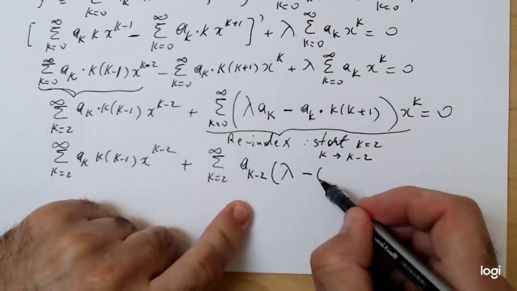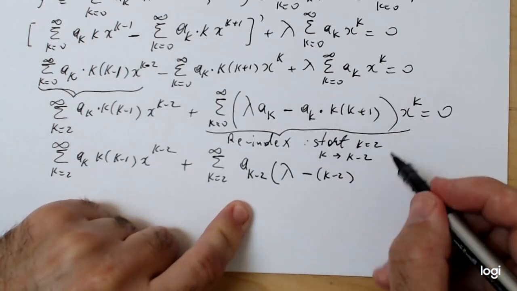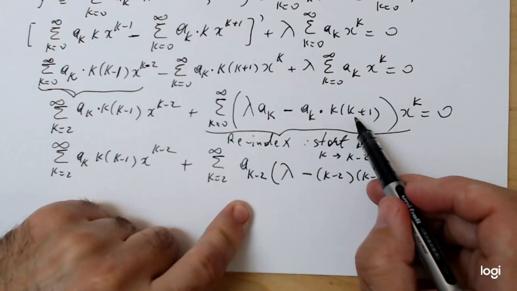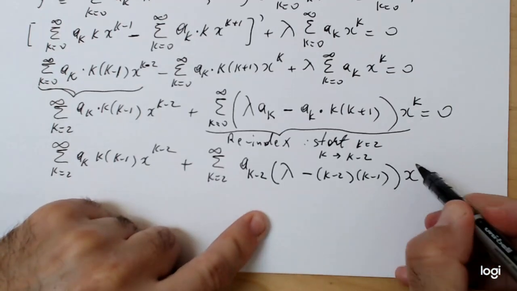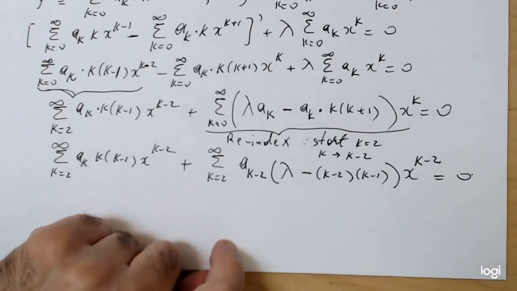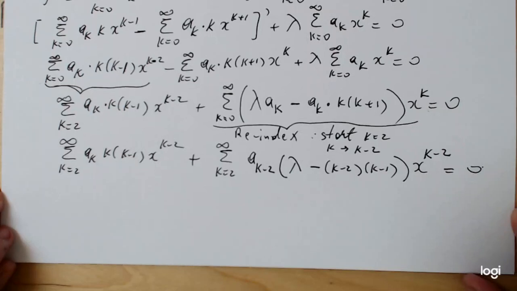Instead of k, I'm going to have k minus 2. Instead of k plus 1, I'm going to have k minus 1, right? Because k minus 2 plus 1 is k minus 1. And then x^(k-2) on the outside. So this is basically how the process works.